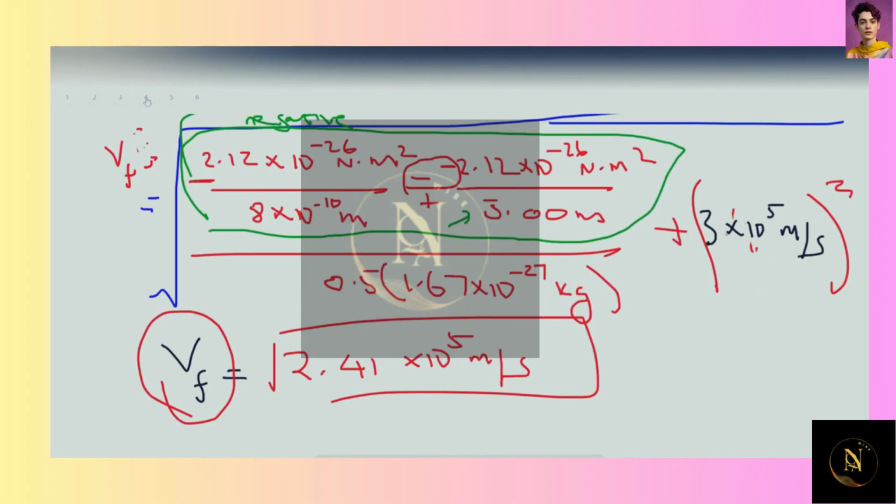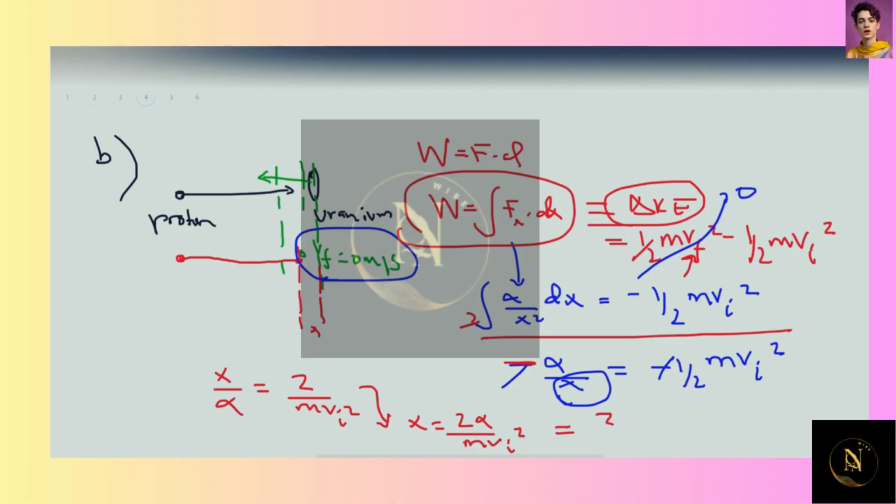So after you get the v final for that, the next part of the problem was, what's the distance between the uranium nucleus and the proton once it stops. So when it stops, it means that your v final is going to be 0. This v final right here is going to be 0, and so this part of the problem is eliminated. You don't have to deal with it.